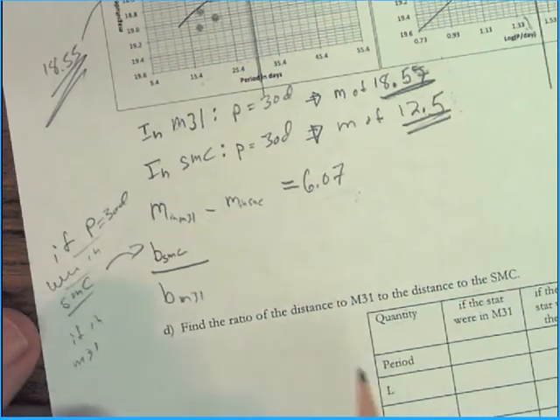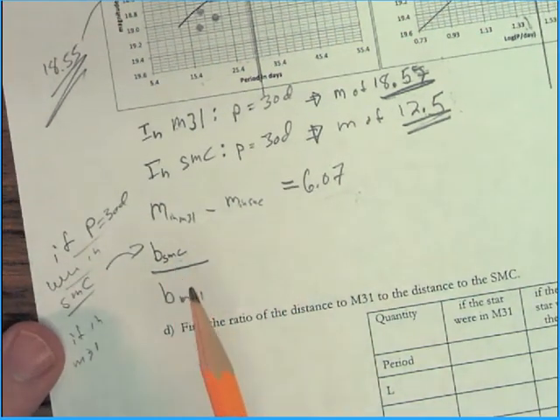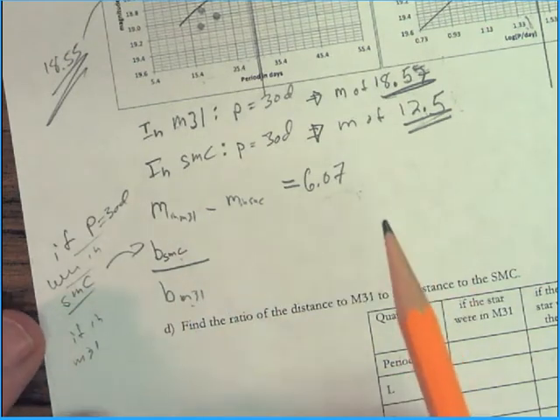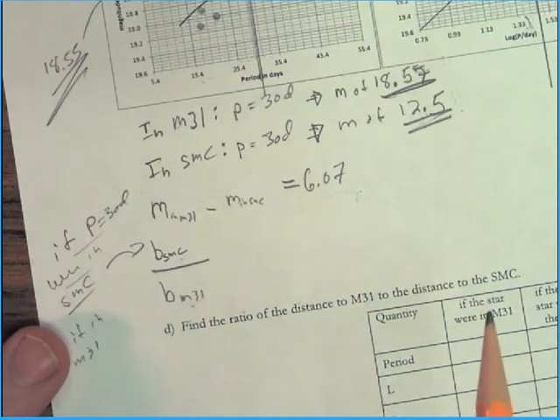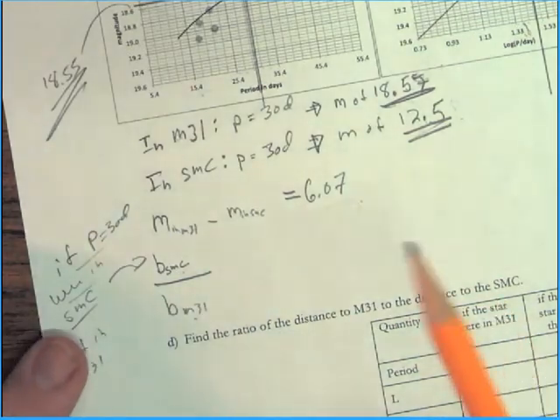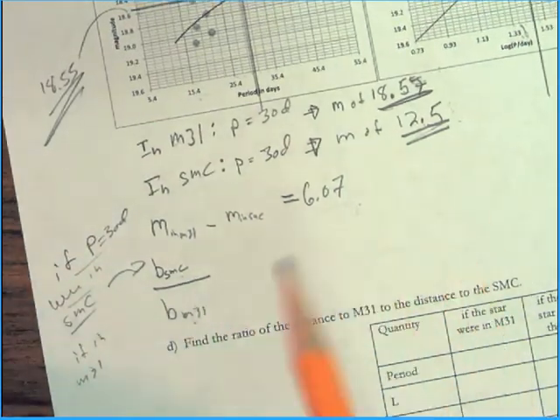Now remember, it's not the brightness of the whole SMC versus the whole M31. M31 is much brighter in total luminosity, and so when you put the two together, I'm not sure which is actually brighter in the sky if you added everything up. But what matters for this is the brightness of corresponding objects.